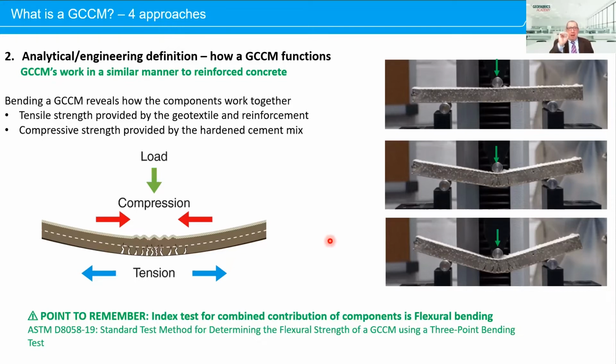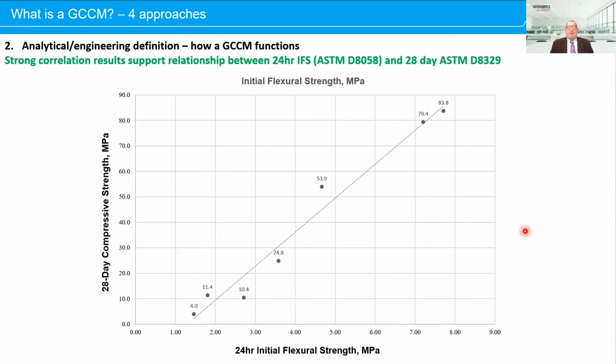So the point to remember here is for a GCCM, the index test to test quality is flexural bending according to ASTM D8058. We also have some test data showing that the 24-hour initial flexural bending test according to ASTM D8058 can be correlated to 28-day compressive strength as per ASTM D8329.